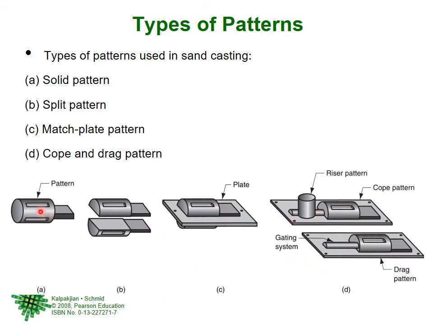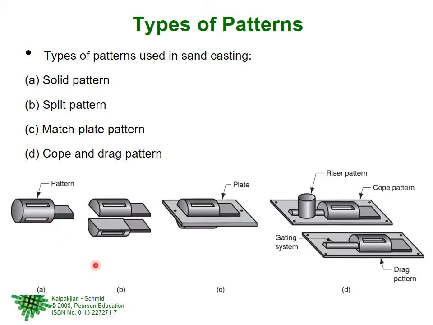Even if you use this one, remember that your sand mold is cope and drag. So your flask, the iron flask outside, is in two parts. So you untie the bolts and so on, you are doing only half the mold at one time. So you press this inside the sand, but you are making only half the mold.